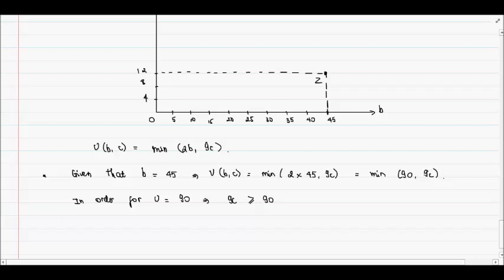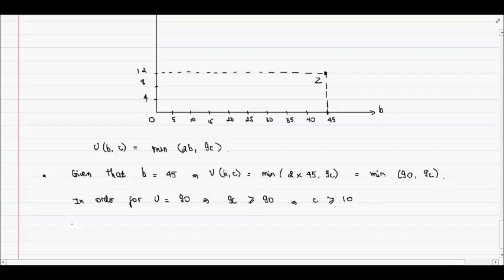Because if it is smaller than 90, then the minimum will be a smaller value, which is not 90 anymore, which is not the indifferent curve going through bundle Z anymore. So we want 9C to be at least 90, so C has to be at least 10, in order for the bundles to be on the same indifferent curve as bundle Z.